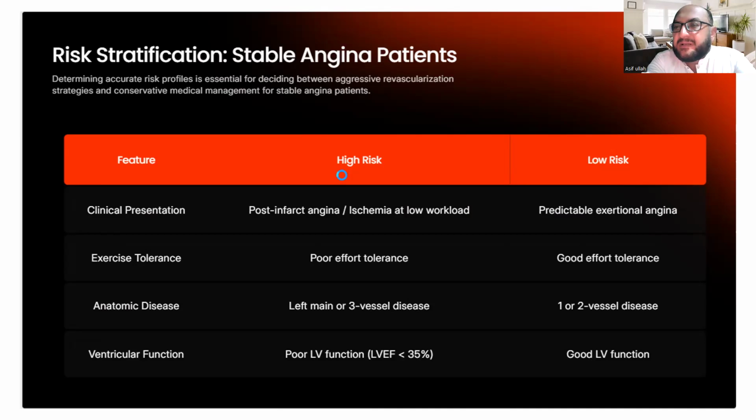Low risk factors are predictable exertional angina, good effort tolerance, one or two vessel disease with good LV function.